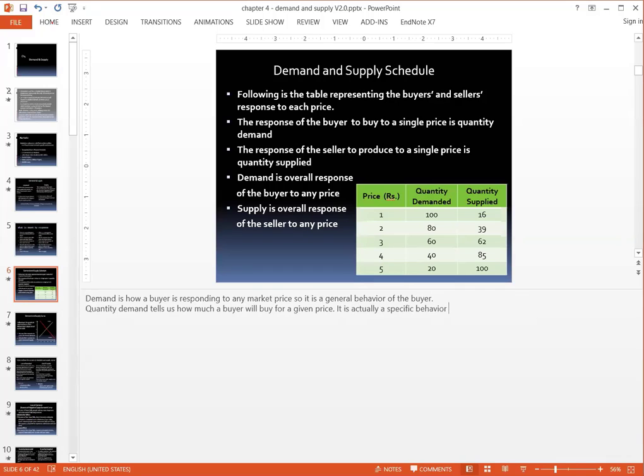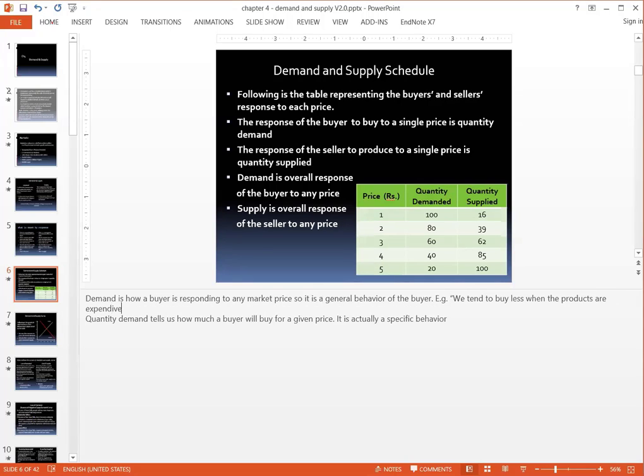So demand tells us generally we buy less when the goods are expensive. I will give an example: we tend to buy less when the products are expensive.